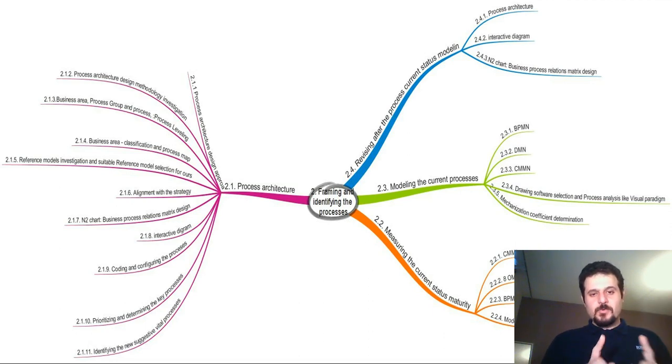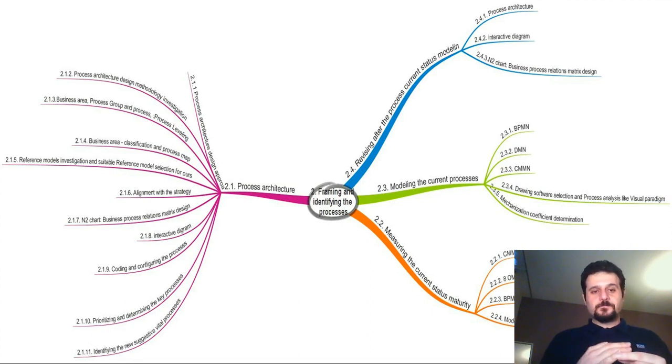When we talk about process architecture, we talk about the business area, process group, and process. Three levels is enough for process architecture, especially when we want to be agile and create results in a short time. Three levels.